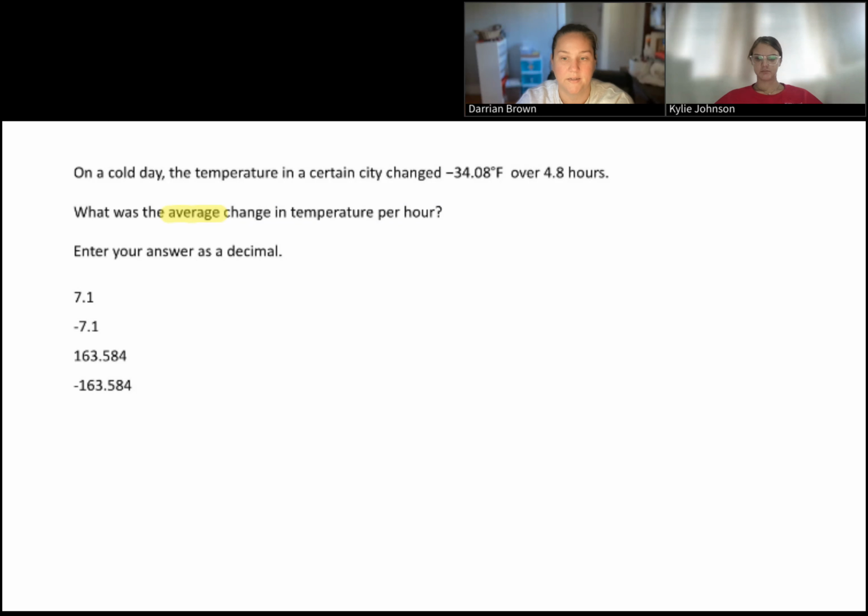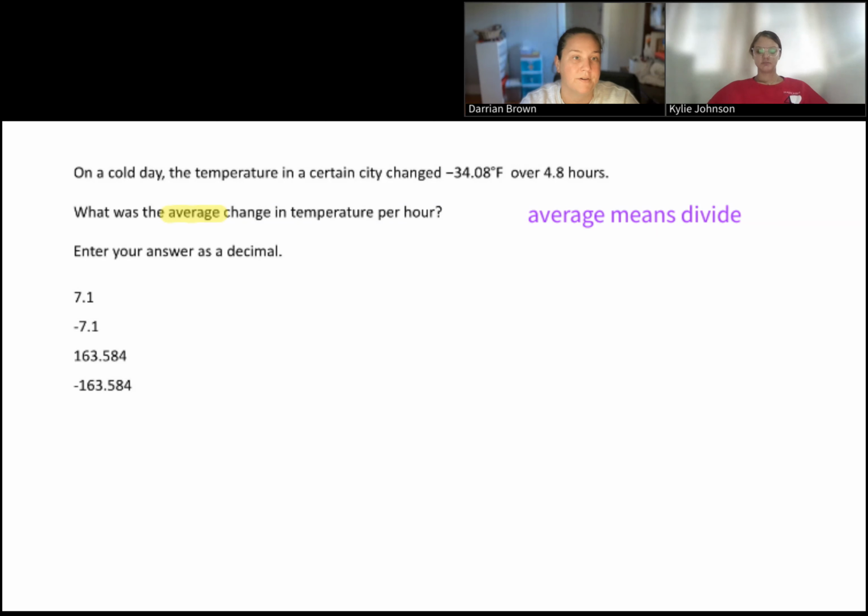Yes, Kylie. So make a note on yours. You can use the text tool. Average means divide. In some form or fashion, when you're finding the average, you are going to be dividing at some point. Sometimes you have to add numbers together first and then divide by the total. For this one, we don't have to do that. We literally just divide.